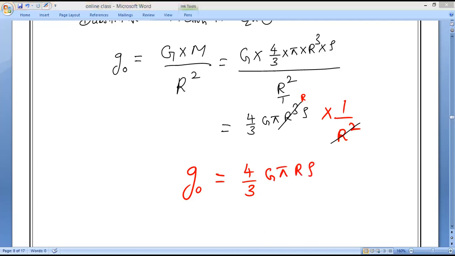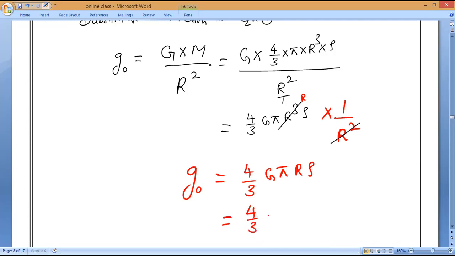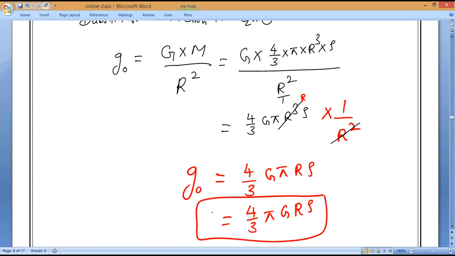Is it right or wrong? Pi is also a constant. So I can write this as 4 by 3 pi G R rho. This is the formula for g0. Will you accept it, Mitakshri? Yes, sir.